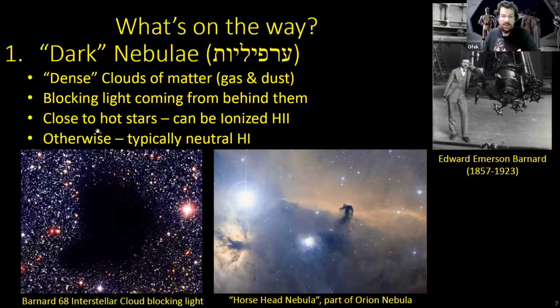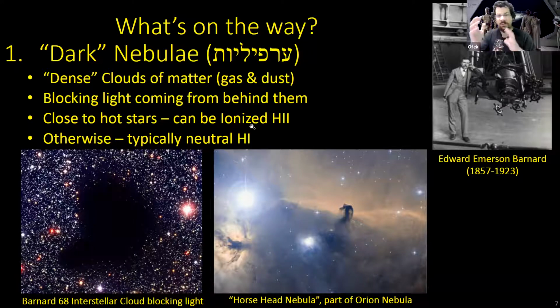As I said, close to very hot stars, the gas, the hydrogen in the nebula can be ionized. So H2 is the second ionization, or basically fully ionized hydrogen. Non-ionized hydrogen or neutral hydrogen is the first ionization level, so it's called H1.